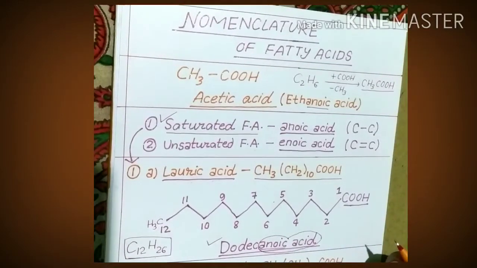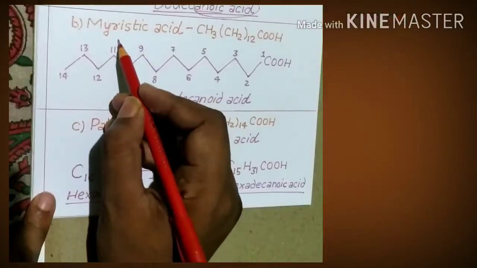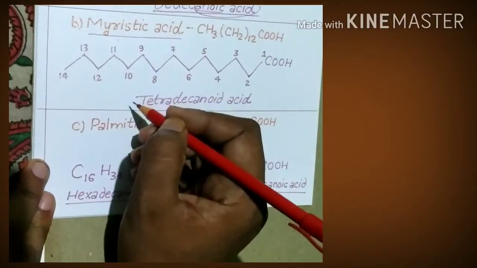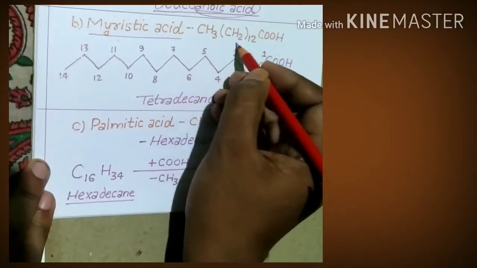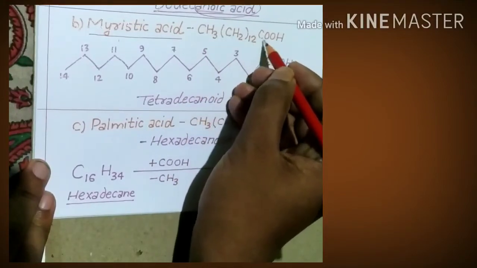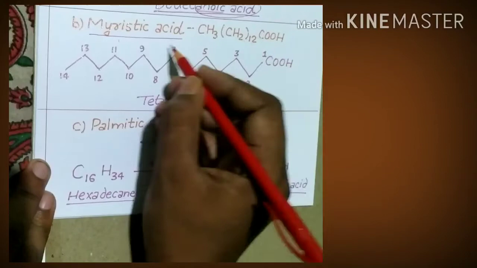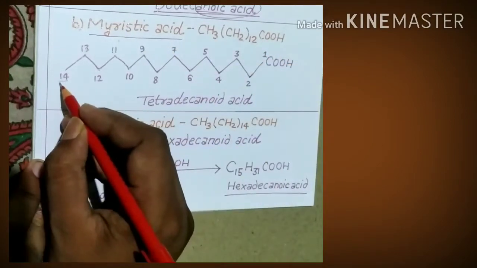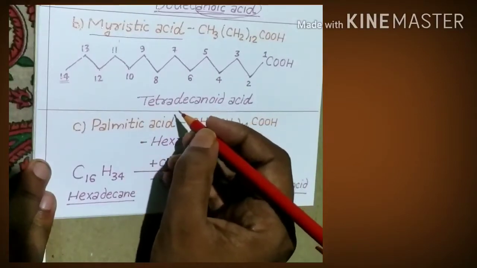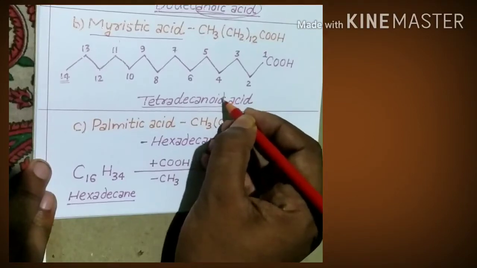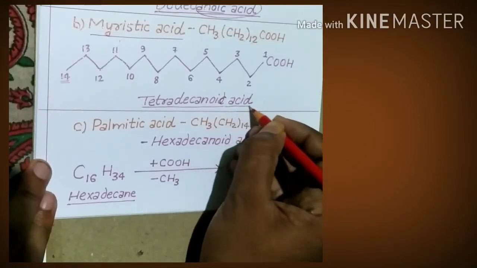Now we will see another example of a saturated fatty acid. Myristic acid. It is also a saturated fatty acid. Its formula is CH3(CH2)12COOH. Here it contains 12 plus 2, 14 carbon atoms, and hence it is called tetradecanoic acid.